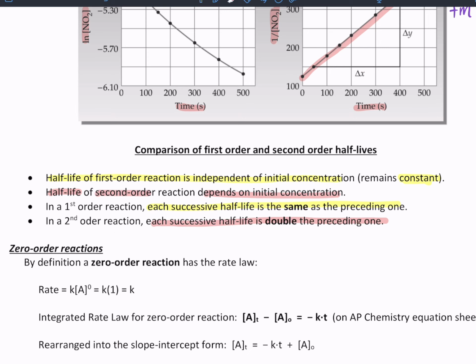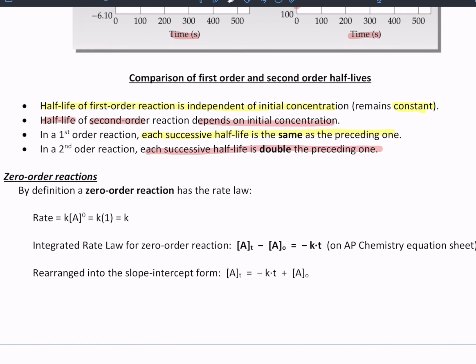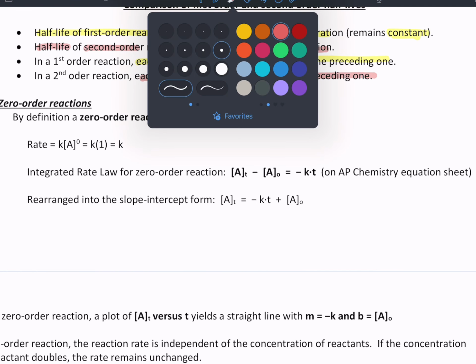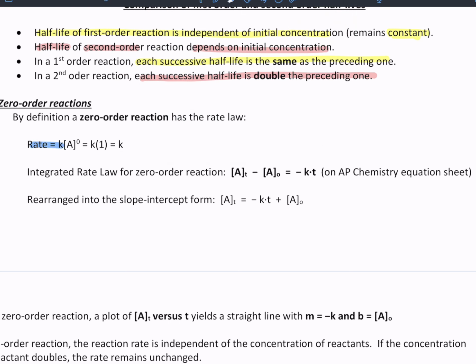Now, lastly, we want to look at zero order reactions. And this is going to be a situation where we do not have an effect when we change the concentration. Integrated rate law for a zero order reaction is just going to be the concentration at our time minus our initial concentration is equal to negative kt. This is what we have on our equation sheet.